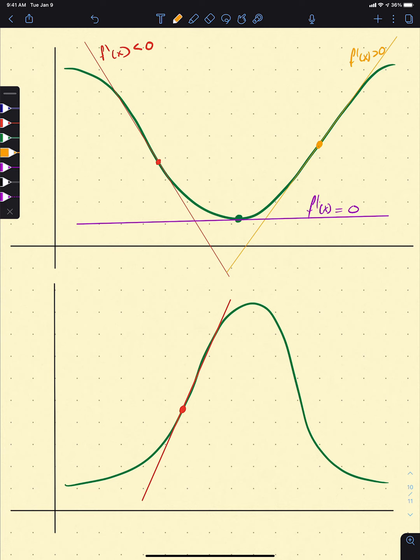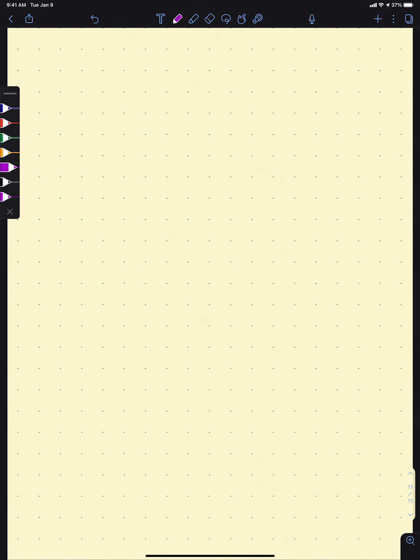Our tangent line here maybe at that point is negative, and our tangent line right at that local maximum is flat. Okay. So there is some deep connection between our tangent line being 0 and our local maximum or minimum. But that's not quite the full story, unfortunately.